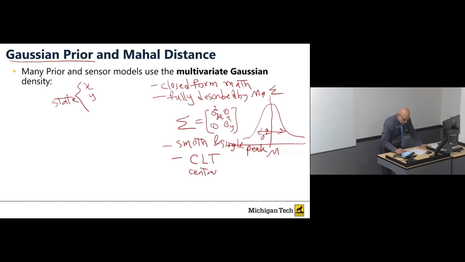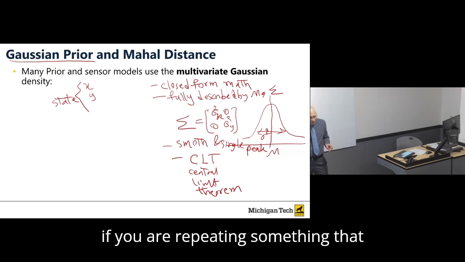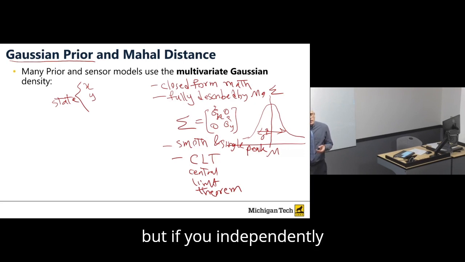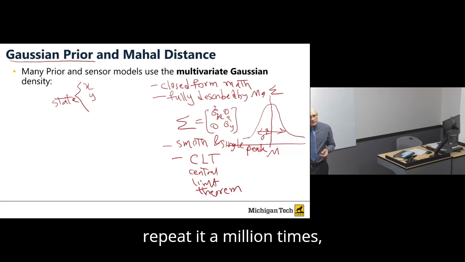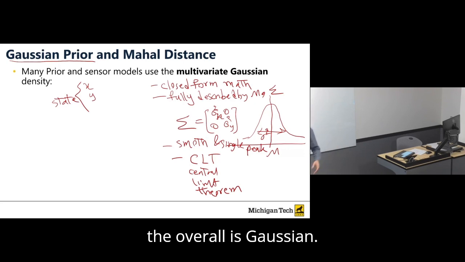The central limit theorem says if you repeat something that might not be Gaussian independently a million times, the overall result is Gaussian.